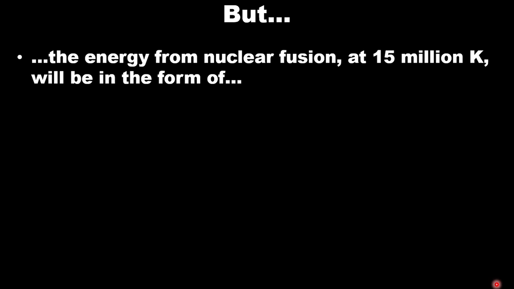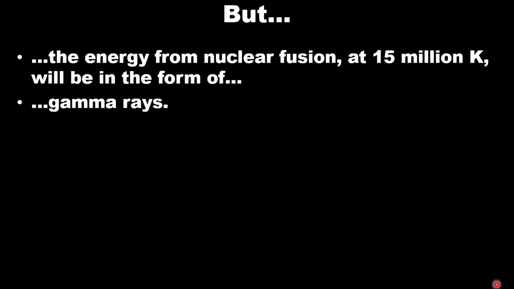In the core of stars, where temperatures are 10 million Kelvin, 15 million Kelvin for our sun, and even hotter for bigger stars, the temperatures are so high that the wavelengths of electromagnetic radiation generated are going to be as short as possible, and the electromagnetic radiation will be the highest energy EMR possible, and that will be gamma rays.